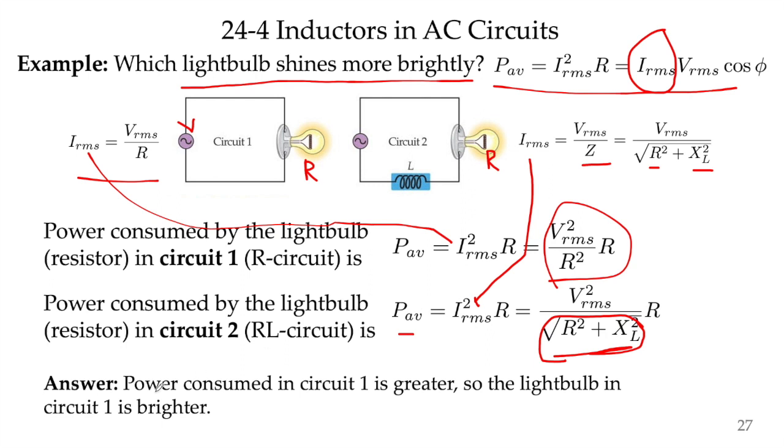So the answer is power consumed in circuit 1 is greater. So the light bulb in circuit 1 is brighter. Okay.